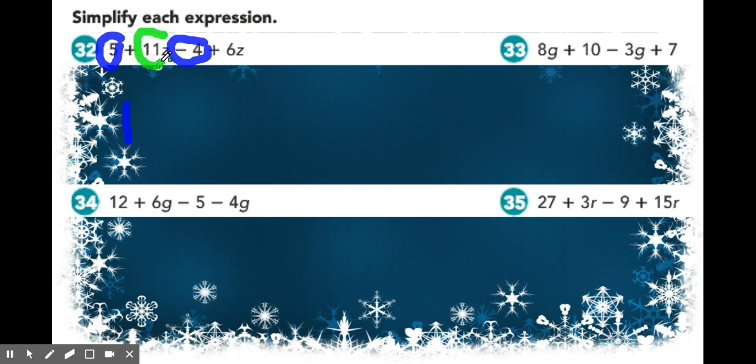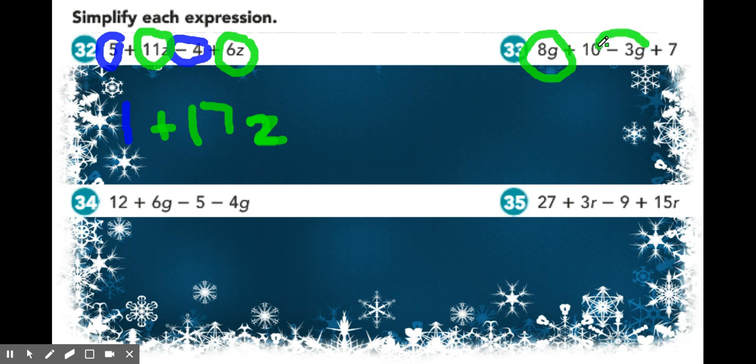Then I have a positive 11z and a positive 6z. When I combine these two, I get a positive 17z. That's a z. Sorry. Okay, here I have 8g, and I look, do I have any other g's? Any other terms with g?